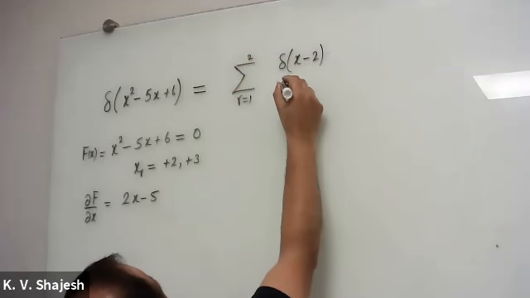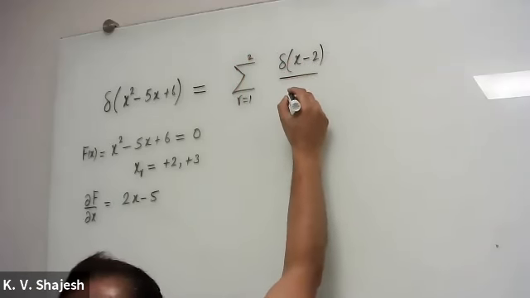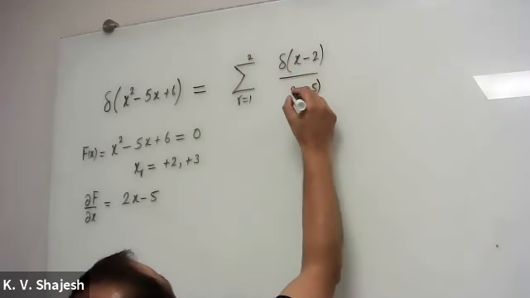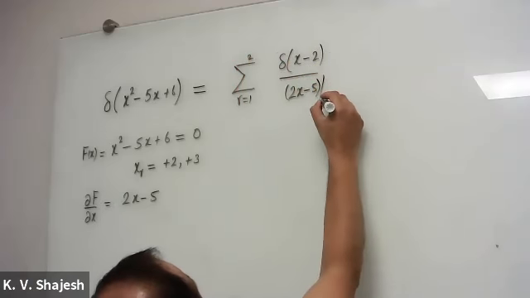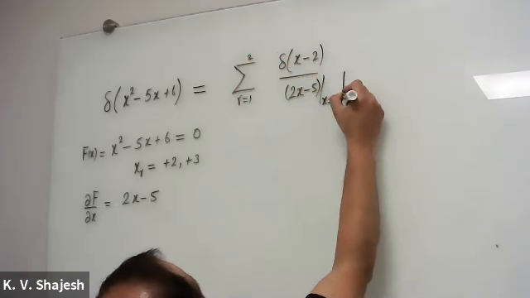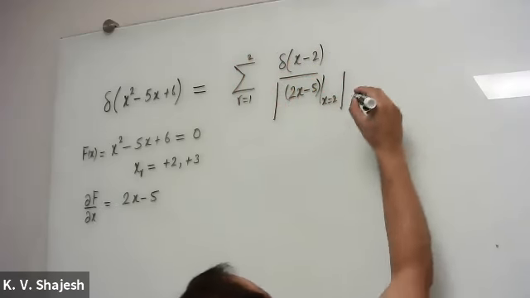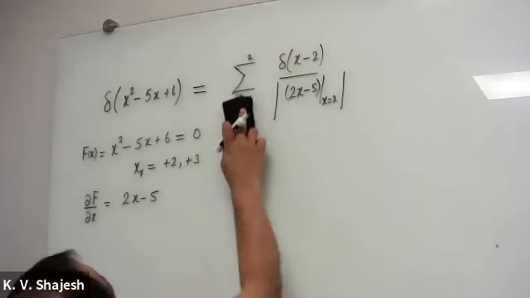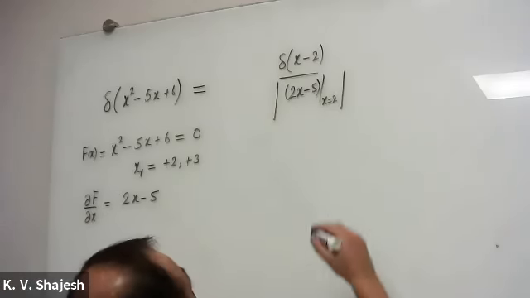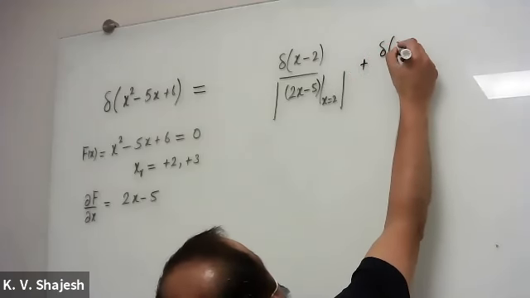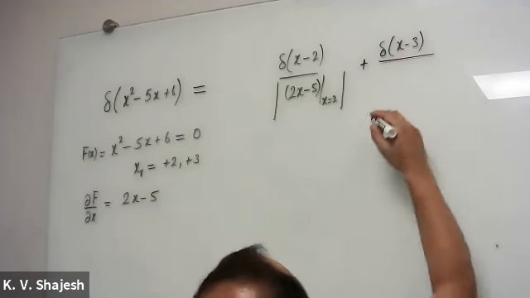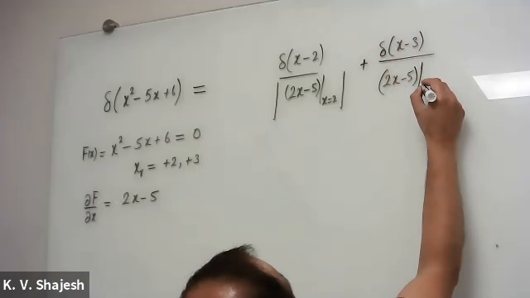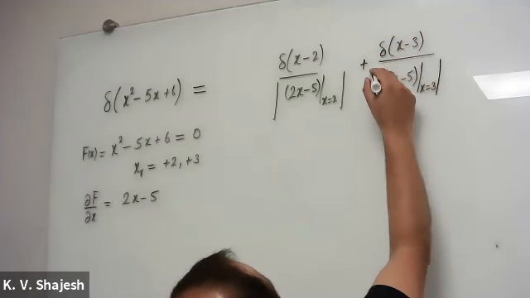This is the root x equal to 2, and then take the derivative, 2x minus 5, evaluate this at x equal to 2, and then take the magnitude. The second one is delta of x minus 3 divided by 2x minus 5 evaluated at x equal to 3, and then take the magnitude.